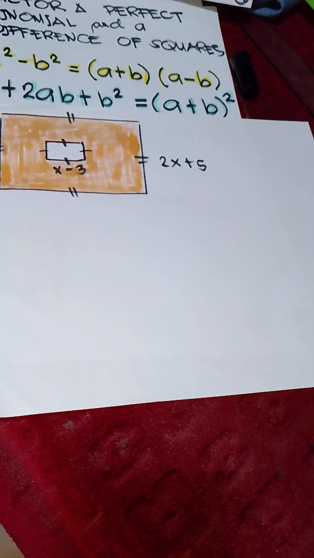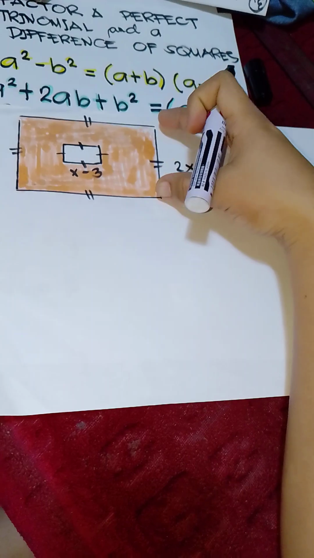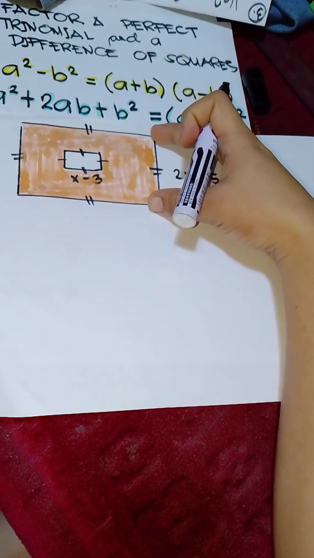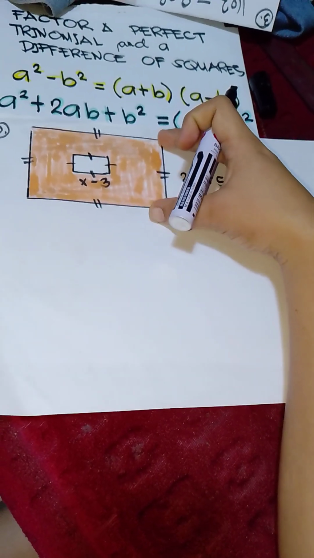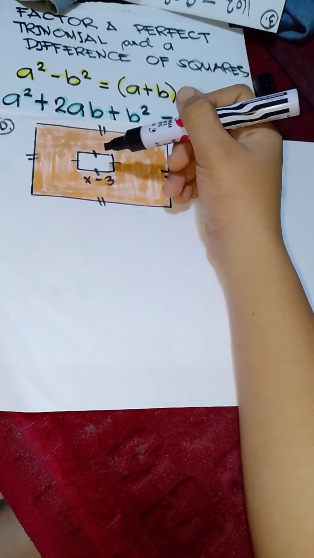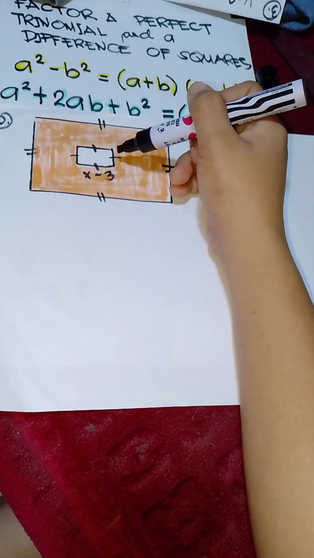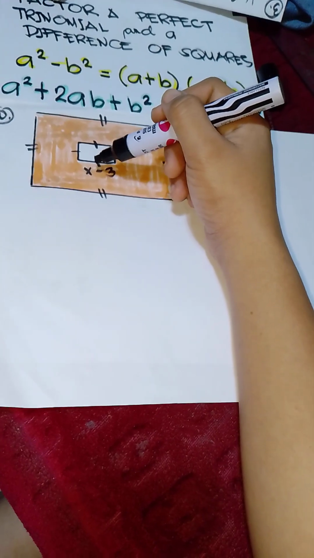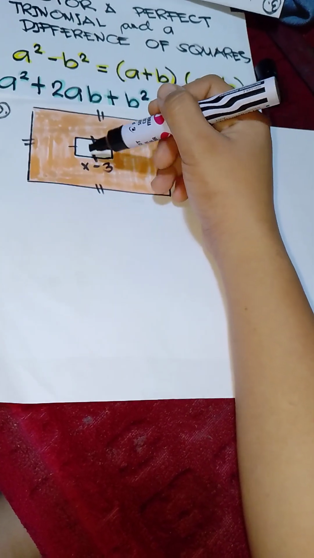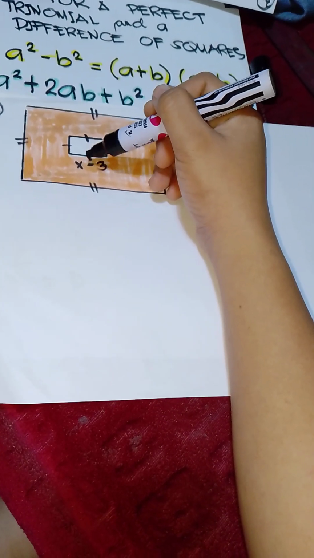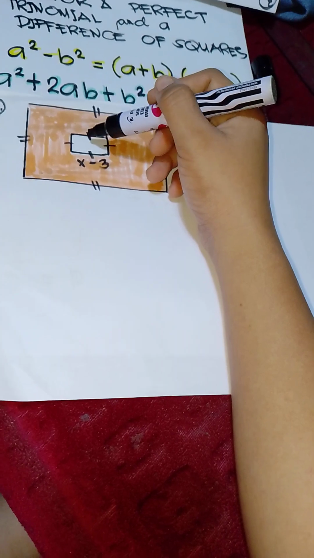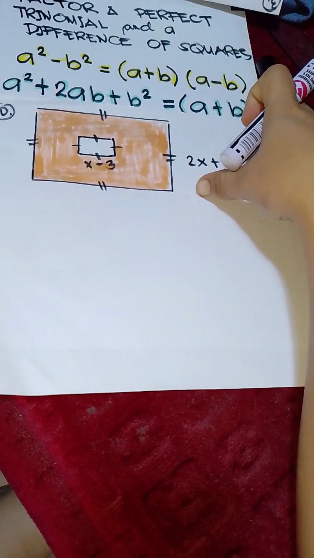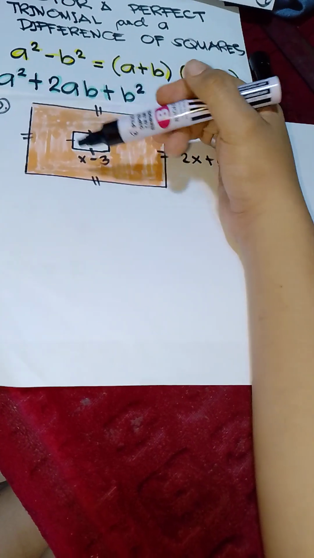So just imagine that this figure is a square. And also we have a small square in the middle, which measures x minus 3. So this side also measures x minus 3, and so this side, and so this side. So we are going to write an expression for this shaded region.